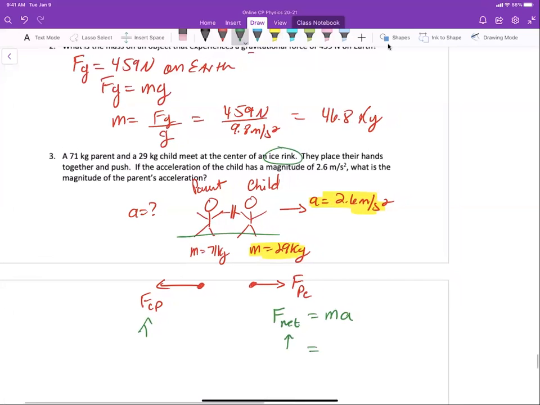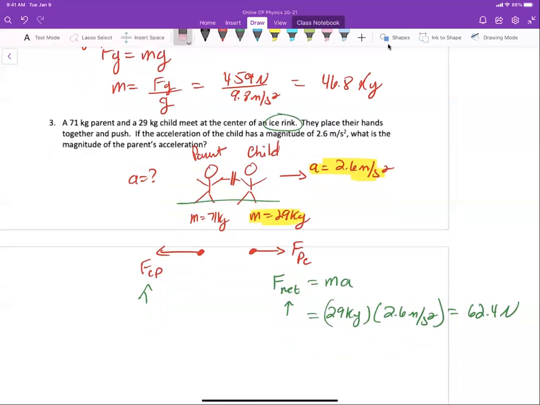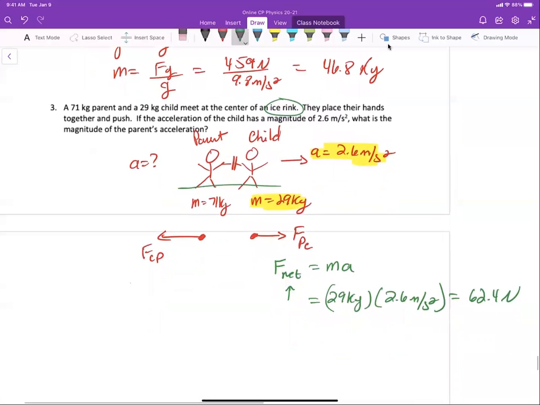So that force is equal to 29 kilograms multiplied by 2.6 meters per second squared. And that is equal to 62.4 newtons. And then if I use 62.4 newtons over here, we want this acceleration. So we know the net force is equal to mass times acceleration.